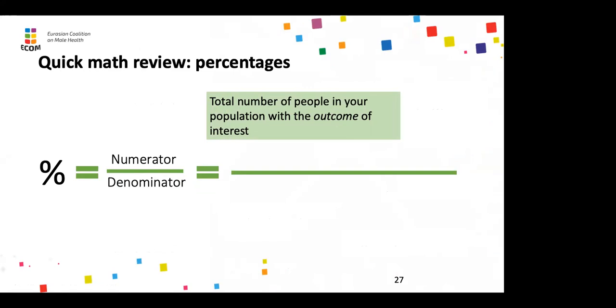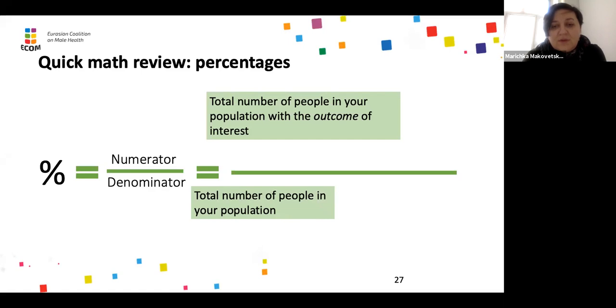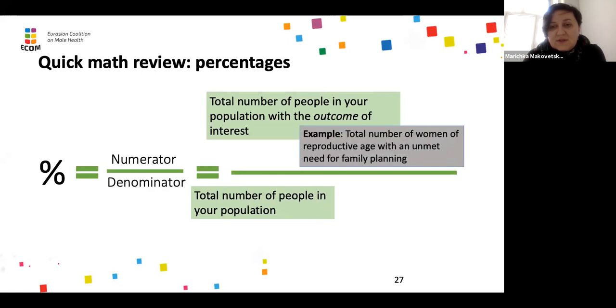In your case, as a numerator, you have the total number of people in your population with the outcome of interest. Then in the denominator, you should have the total number of people in your population. So in the numerator, only the focus group that you want to take, and in the denominator, all people in the population. So let's see the example.